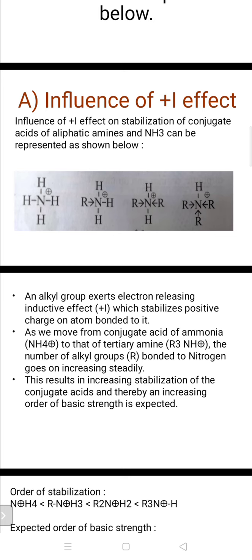As we move from the conjugate acid of ammonia, the ammonium ion NH4 plus, to that of the tertiary amine, R3NH plus, the number of alkyl groups bonded to the nitrogen atom goes on increasing steadily, and that's why there is an increase in the stabilization of the conjugate acid, and thereby an increasing order of basic strength is expected.